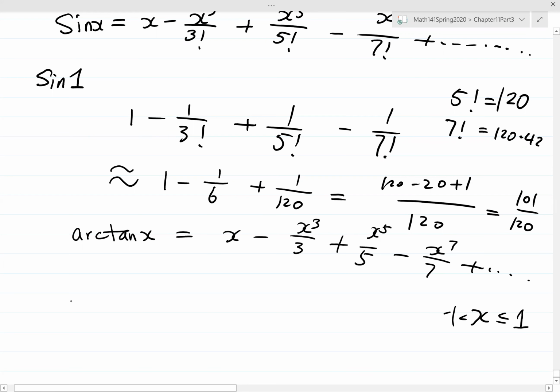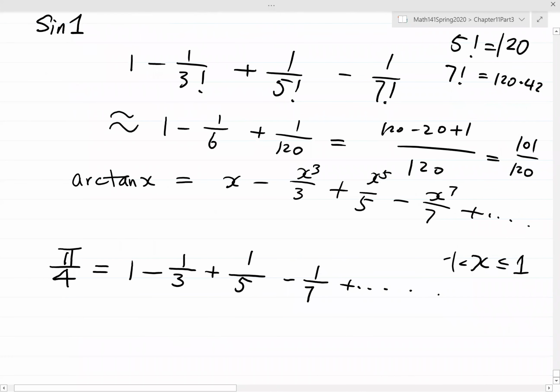Then if you plug in 1, you get pi over 4, which is 1 minus a third plus a fifth, dot dot dot. So you have a series that converges to pi. It turns out that this converges really slowly.